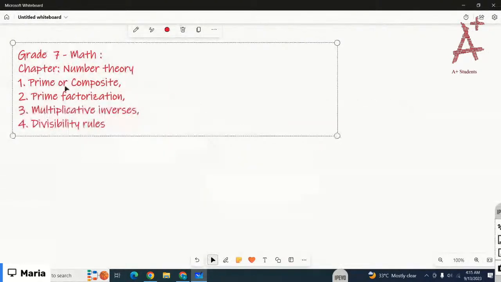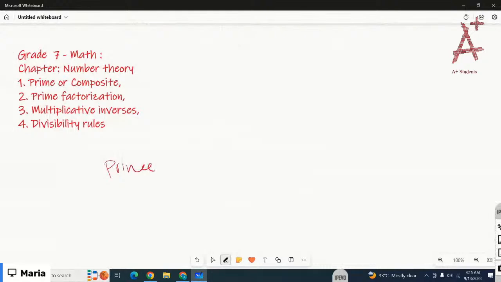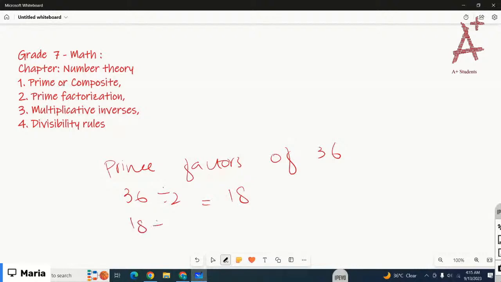Okay, you have to write down the prime factors of 36. How do you write it? Follow the same process, divide 36 by the smallest prime number, right? That would be 2. That is 18. Now divide 18 by the smallest prime number.